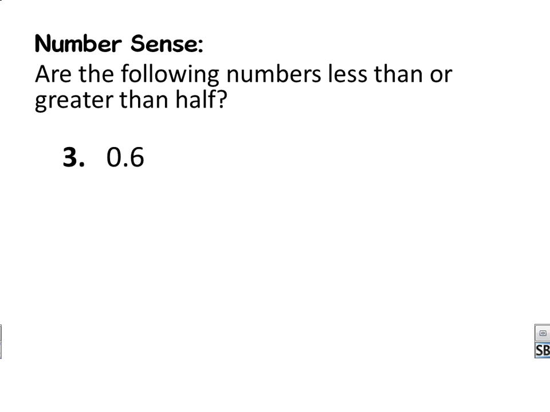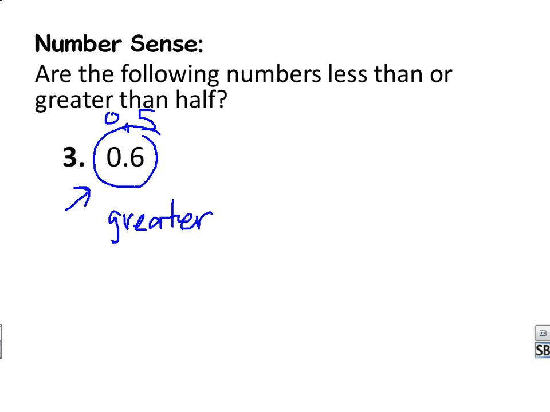Now let's talk about where these decimals are on the number line. Let's start with 6/10. Is that more than or less than half? Hopefully you said more than, because you can see that 6/10 is more than 5/10, right? We know that 5/10 is half. So since 6/10 is more than, we say greater than half.